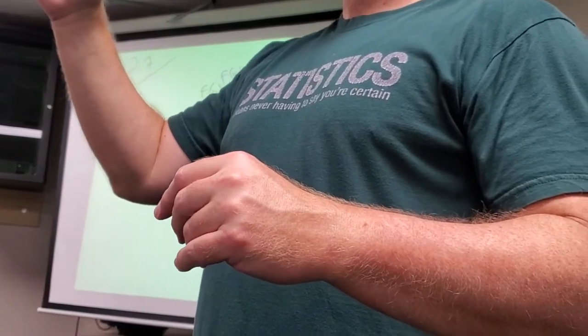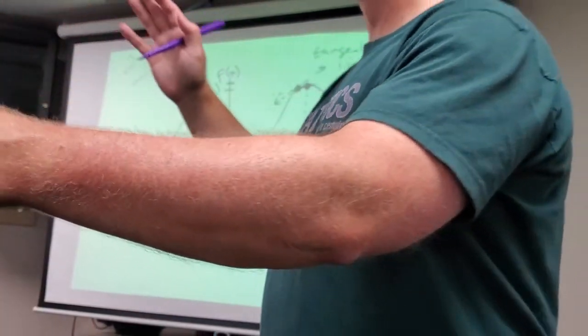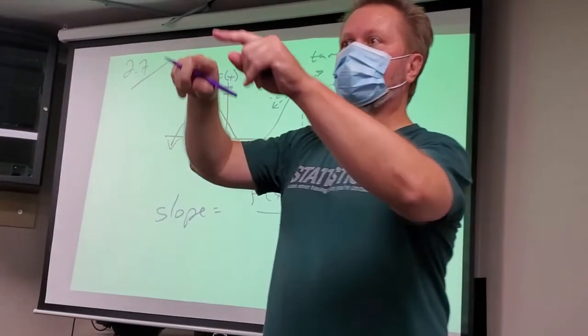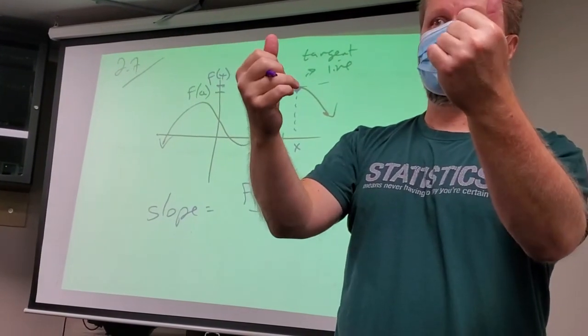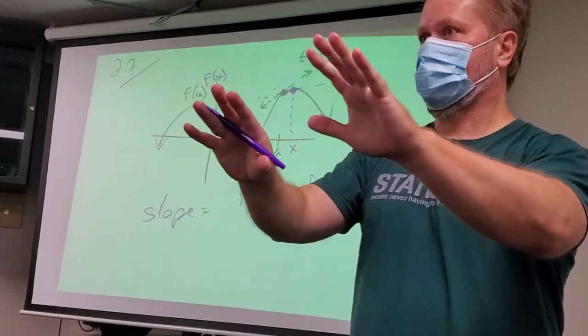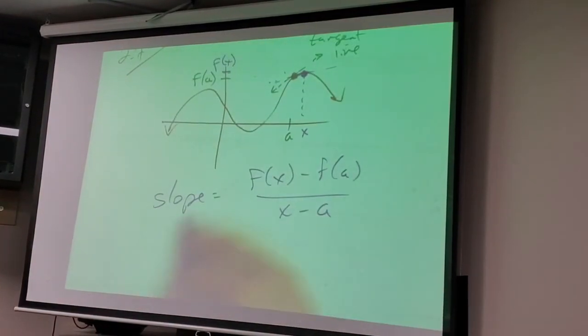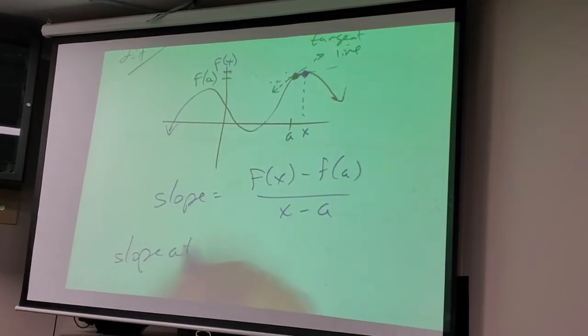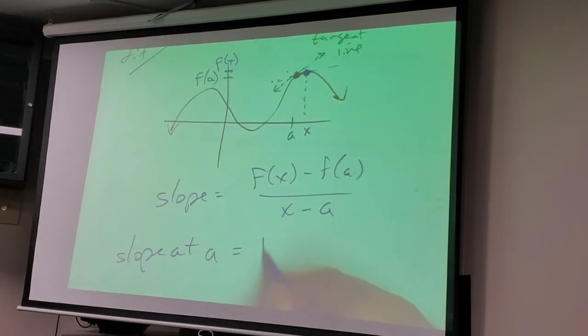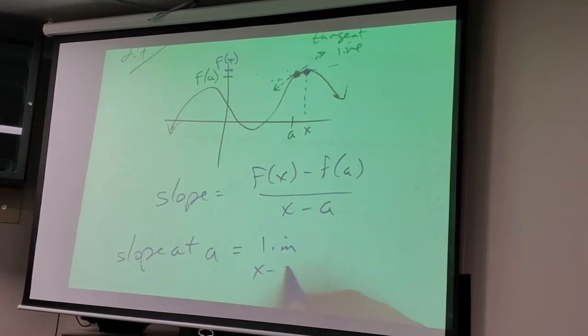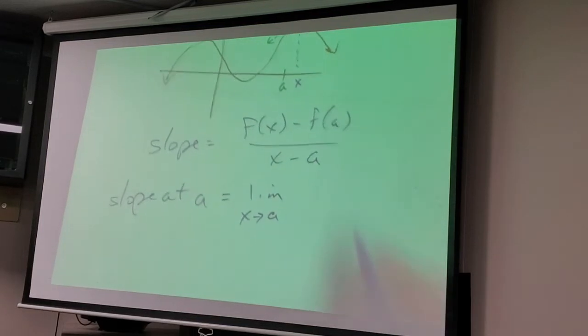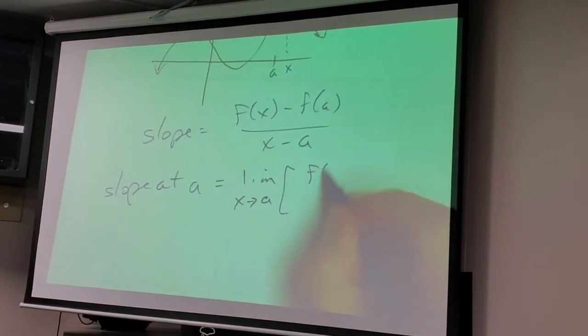Get X closer to A. So that means the actual slope at A is going to be the limit as X goes to A of this expression.